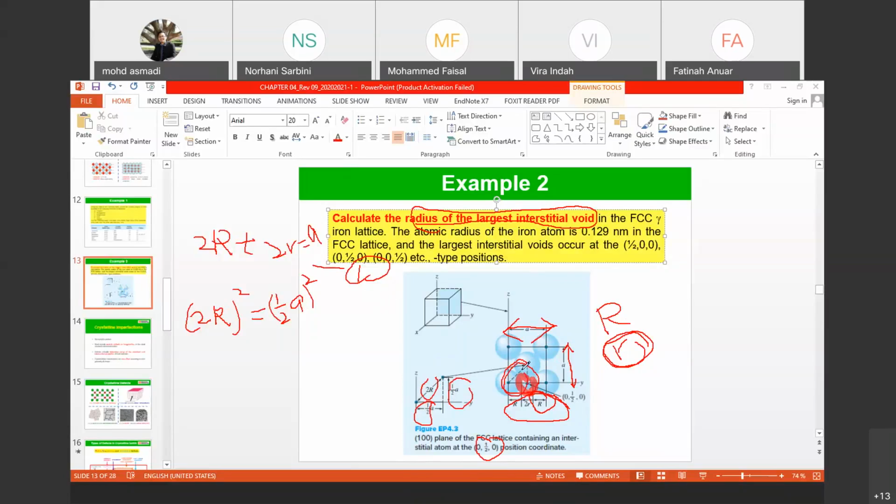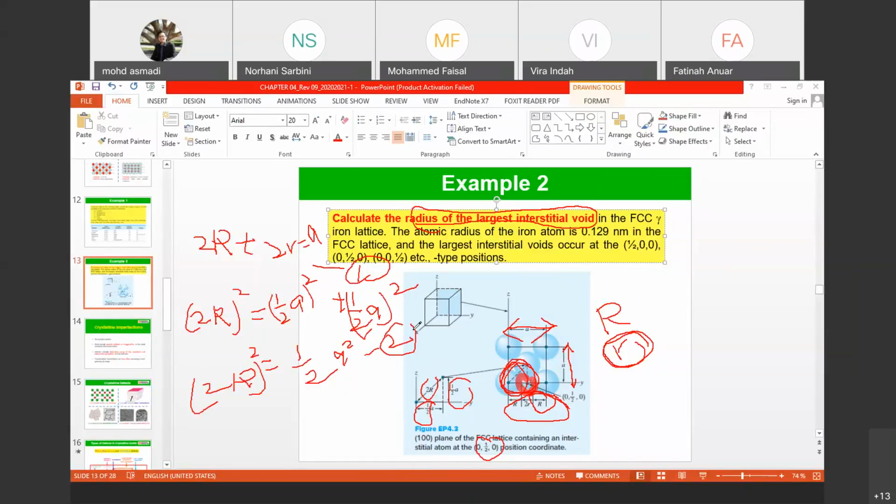Enlarge this position, plus half of A, so this is equal to half A to R. This is going to be equation number 2.